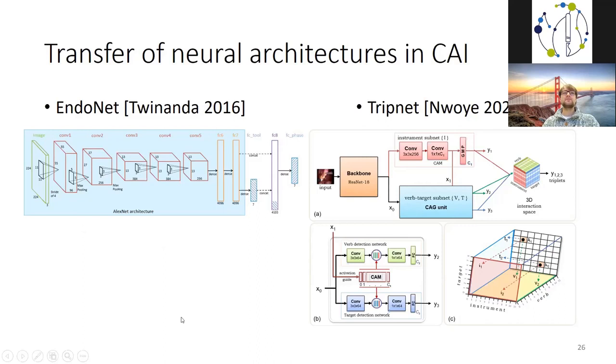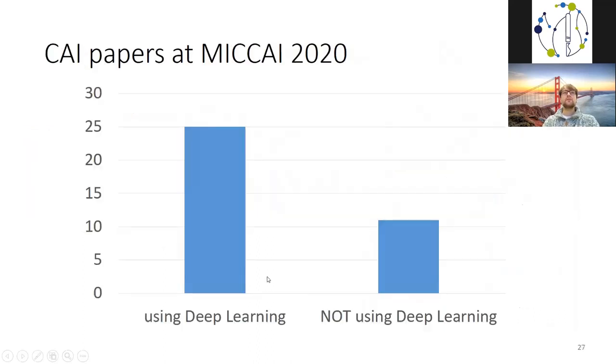So here are just two examples. With the clear majority of papers in CAI at MICCAI 2020 using deep learning, I believe there is a need for finding your best architecture and helping you find the architecture that is best suited to your problem. Because almost everybody is using deep learning, there should be help for researchers to see which architecture would be best.